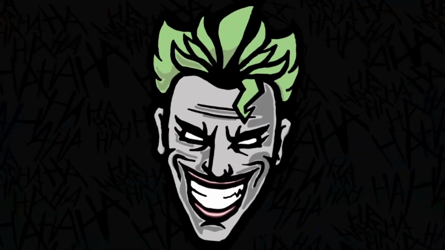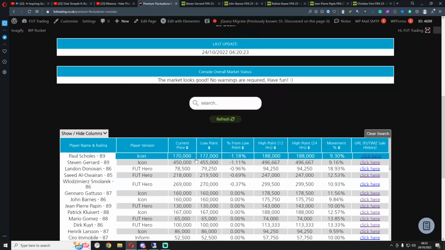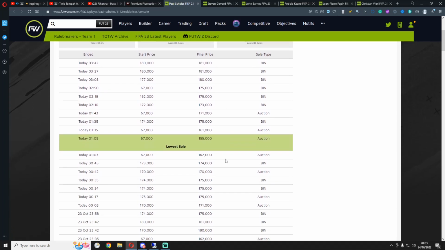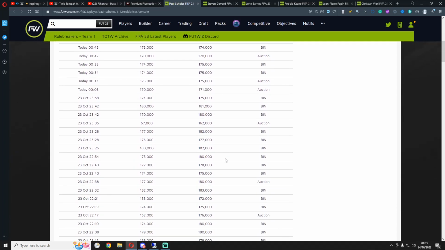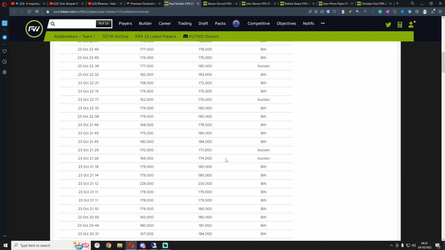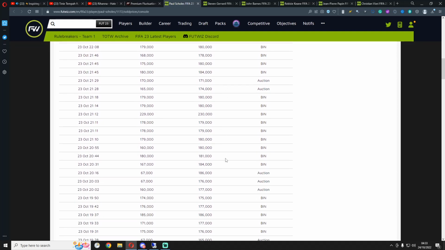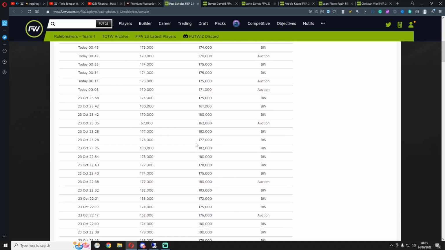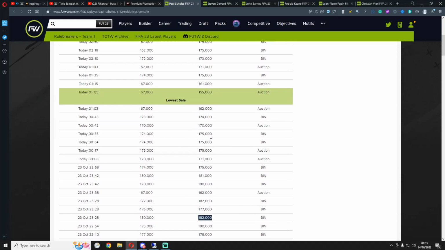And again, if it was going to be undercut to 168, before assuming you can just buy for that, make sure you check the high point and check he does sell for that. So again, we're looking at how regularly he sells at 188. And you can see in this example, it's not common that he sells for 188, okay? The more common selling price is 180, 184, 182, 182.